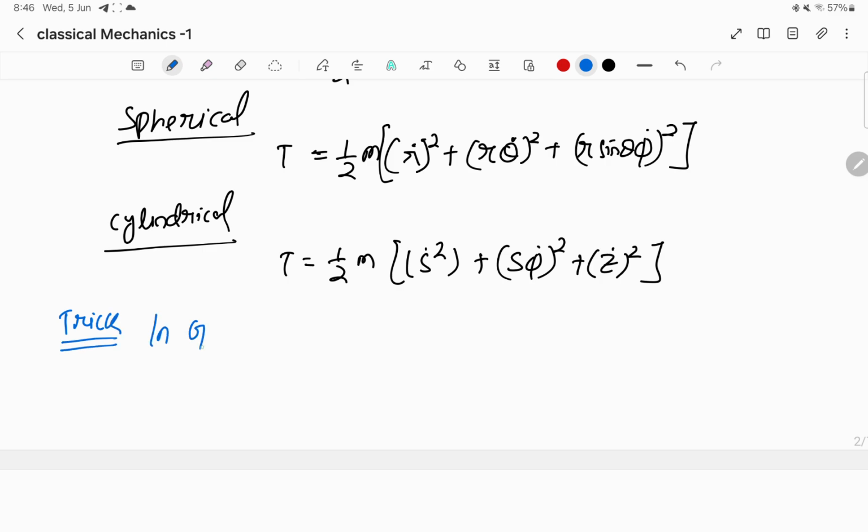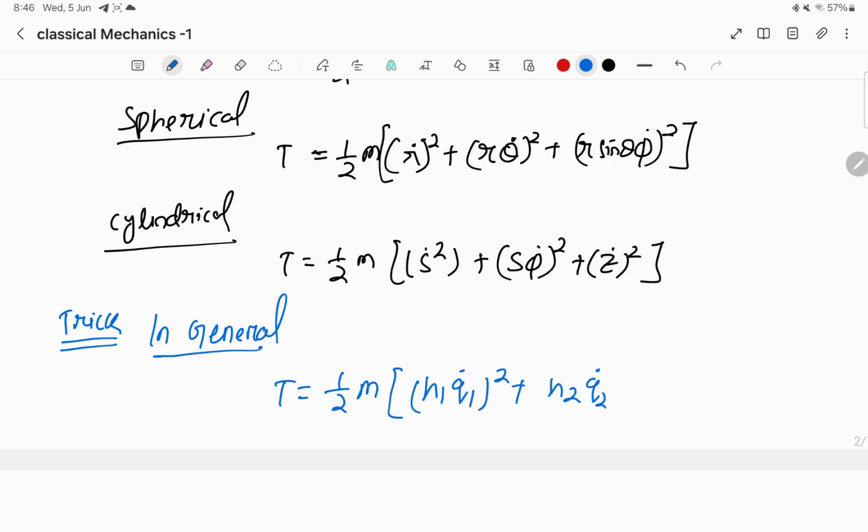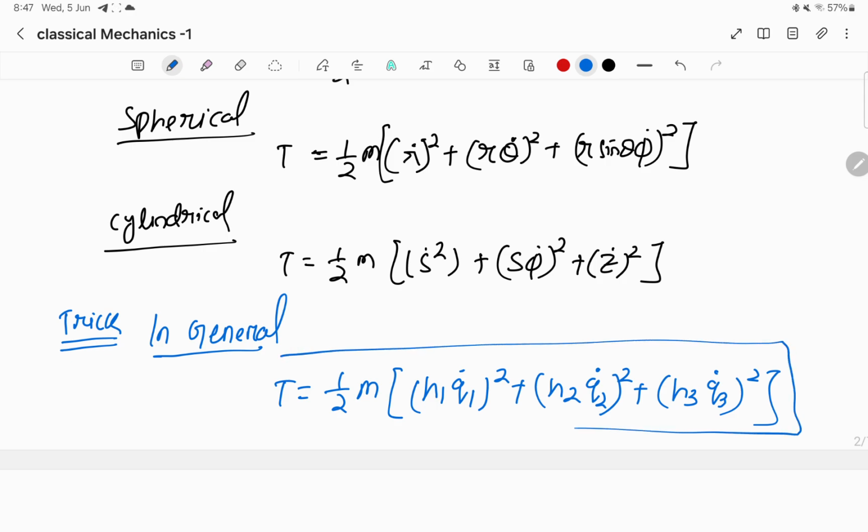In general, the trick to remember: I have T equal to half m times h1 q1 dot whole square plus h2 q2 dot whole square plus h3 q3 dot whole square. This is the trick, you need to know this.